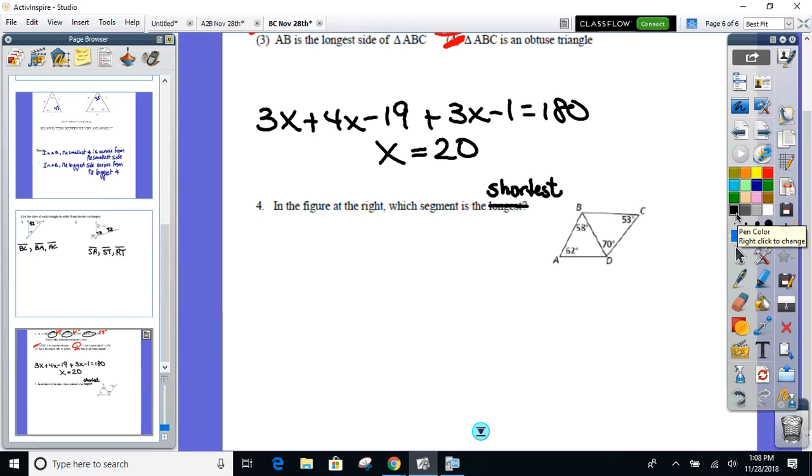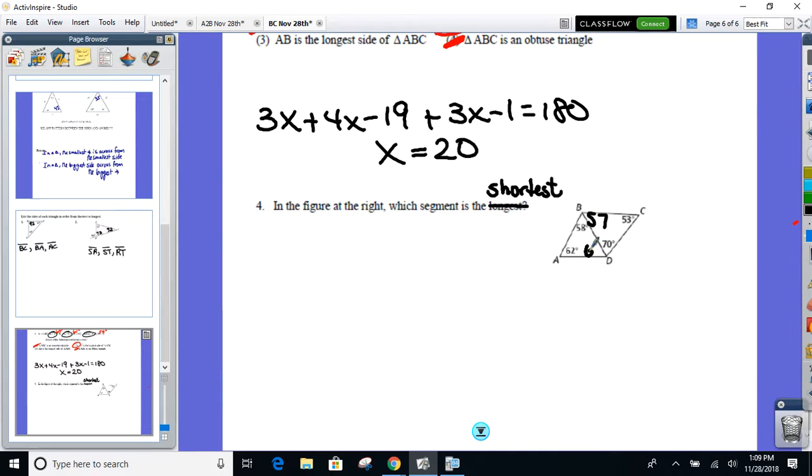I need all the angles before I start making a determination. We getting 57 and 60.